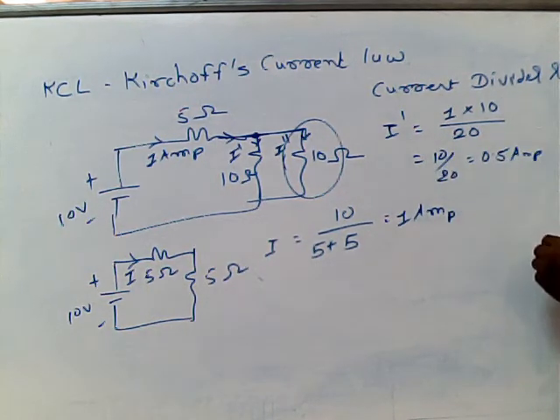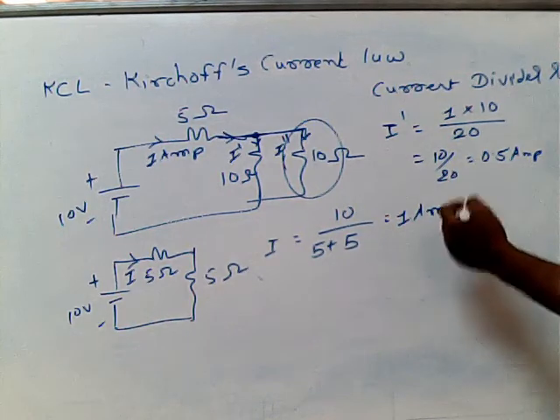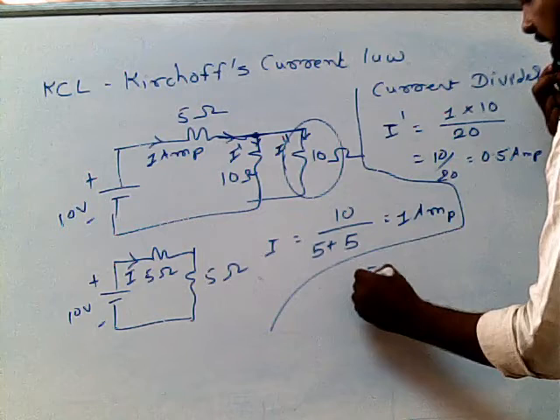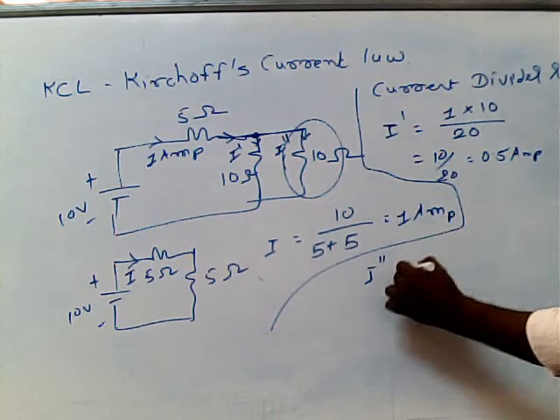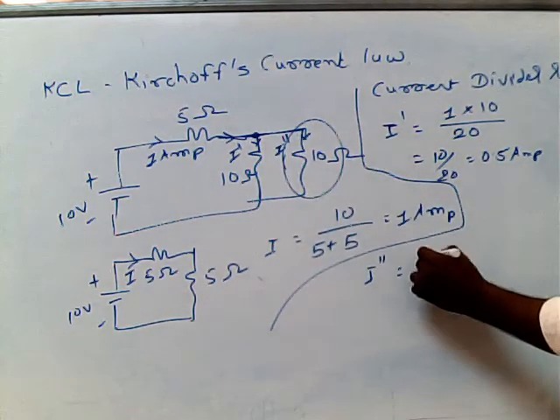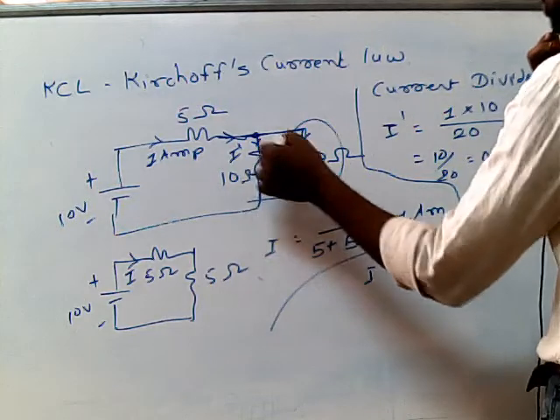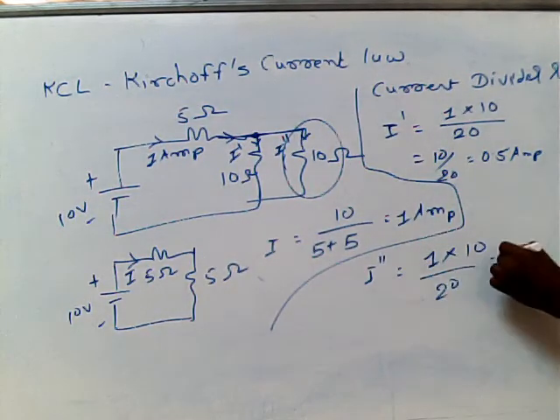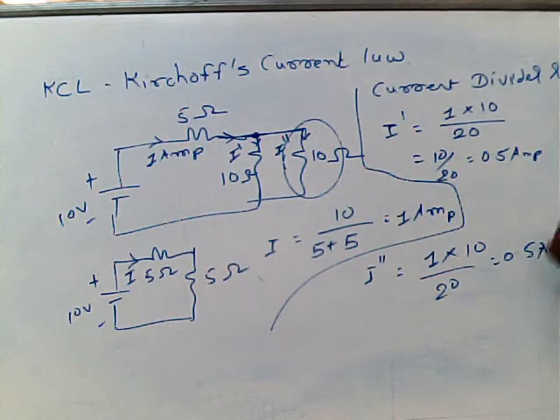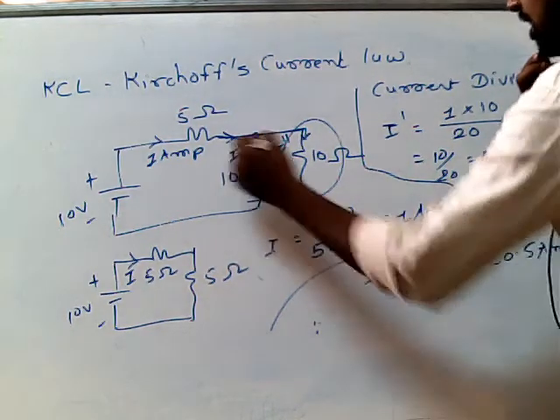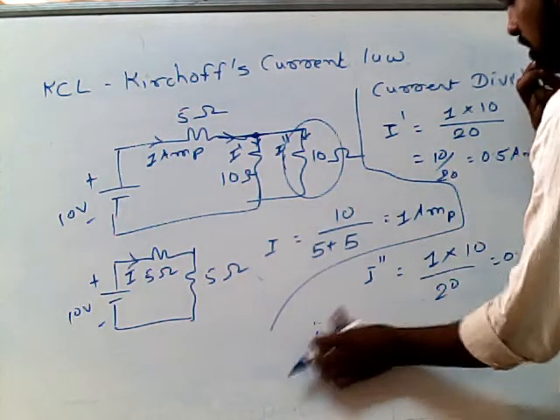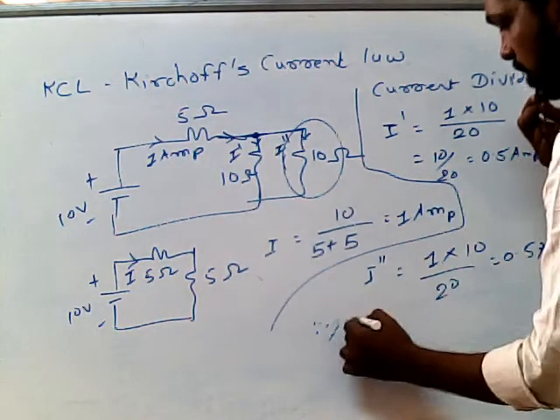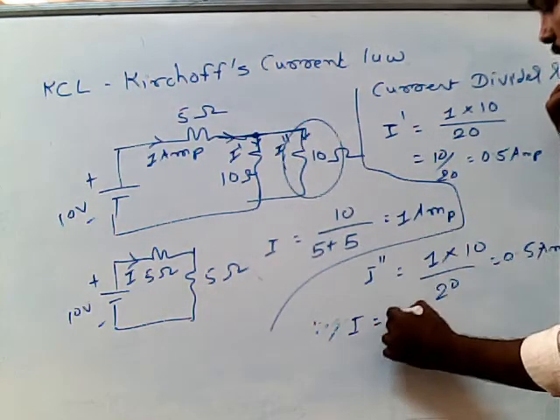Similarly, if I find I double dash, that is again the total current, 1 ampere, into the opposite resistance, which is again 10, divided by the total, so that is equal to 0.5 ampere. Now what is the total current I? What the KCL actually says is that the incoming current, which is I, will be equal to the outgoing current.